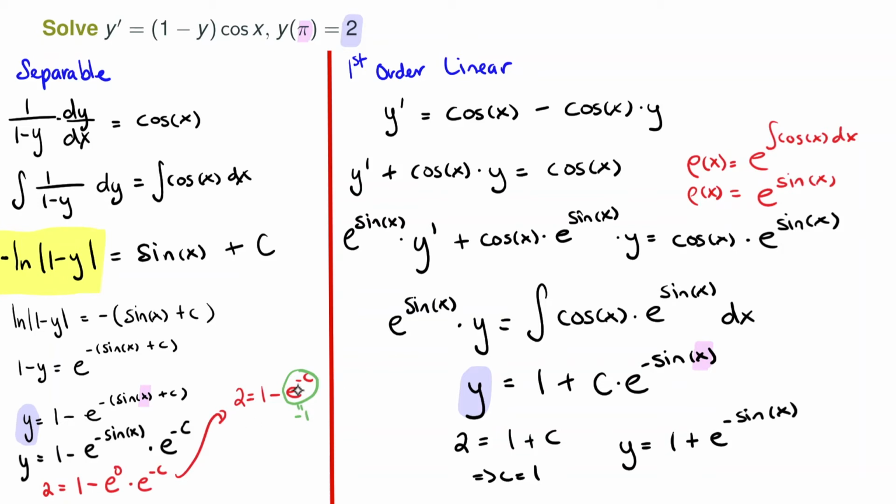So that tells us this entire e to the negative c term is negative 1. I don't have to solve specifically for c in this case because this can be substituted exactly here. So our equation would be 1 minus negative 1 times this becomes y equals 1 plus e to the negative sine of x.